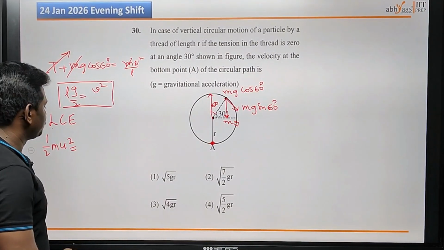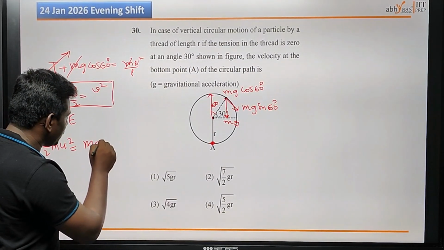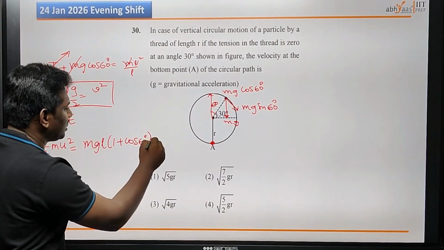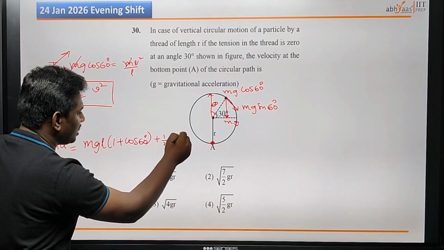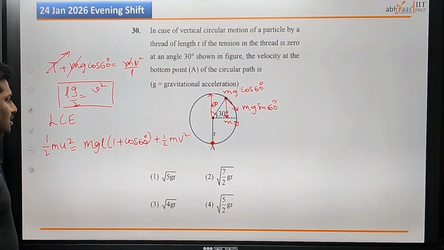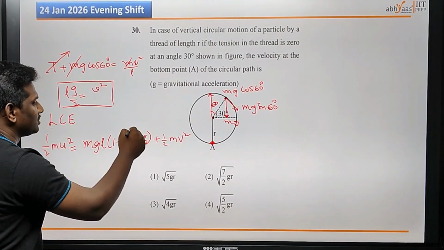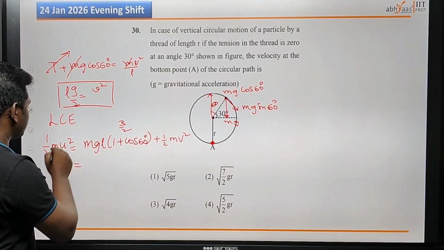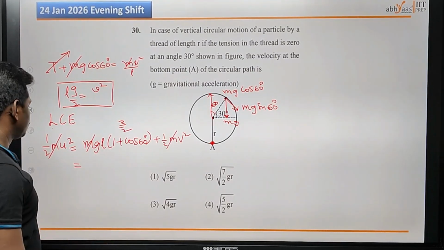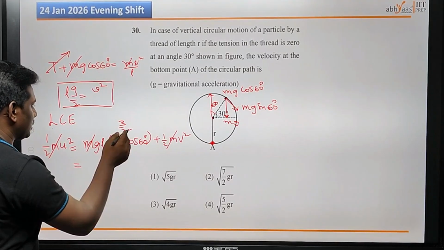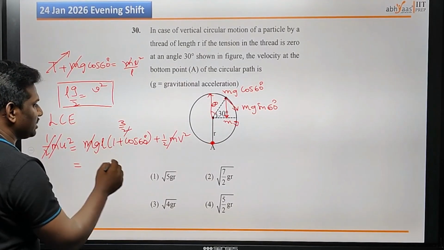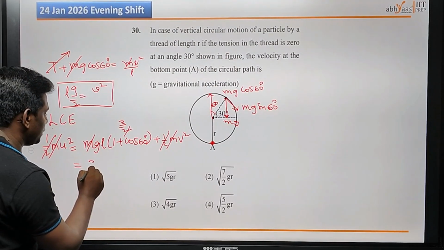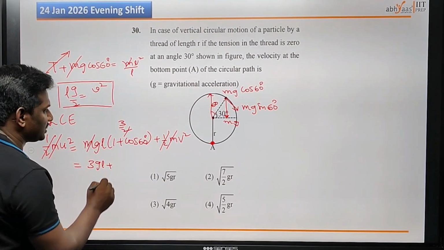Now, see here, the law of conservation of energy can be written as half m u square is nothing but mgL into 1 plus cos 60 plus half m v square. Cos 60 is 1 by 2, 1 by 2 plus 1 is 3 by 2. So m gets cancelled, and half also. So u square equals 3gL plus v square.